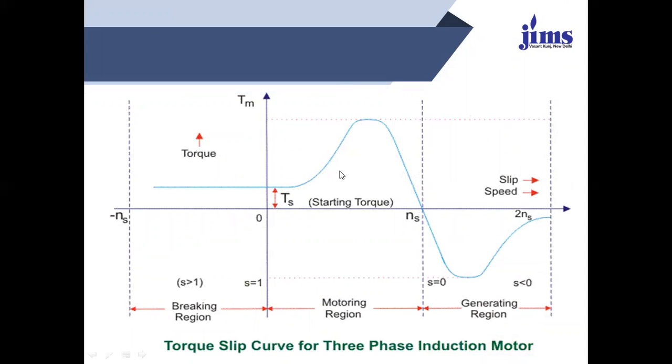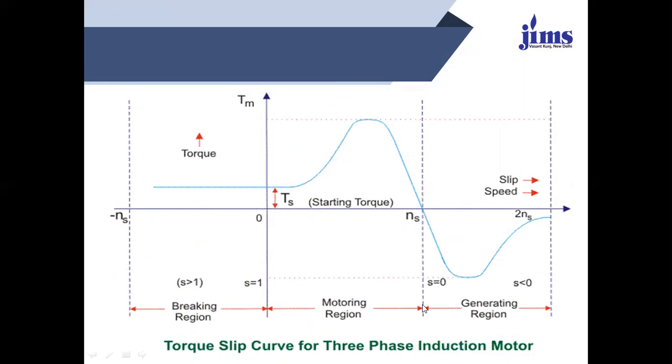Over here, we find the torque-slip characteristics of a three-phase induction motor. Under this, the first region is indicated as the braking region, where the slip is more than one.